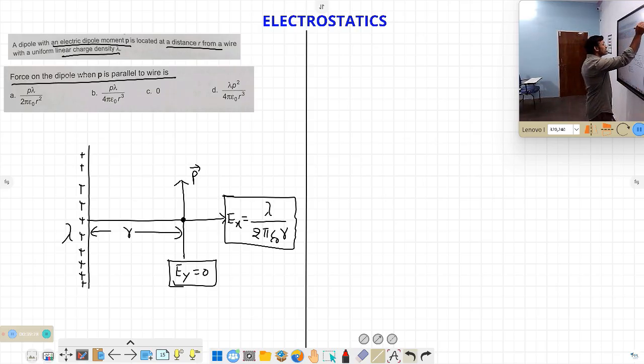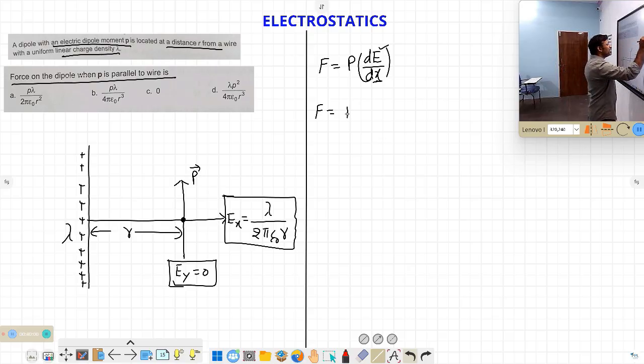Now, what is the force concept? The force acting on any dipole due to an electric field is the dipole moment times the rate of change of the electric field. Here the electric field at that point is a fixed value; the dipole moment is changing along the y-axis, but r is not changing.